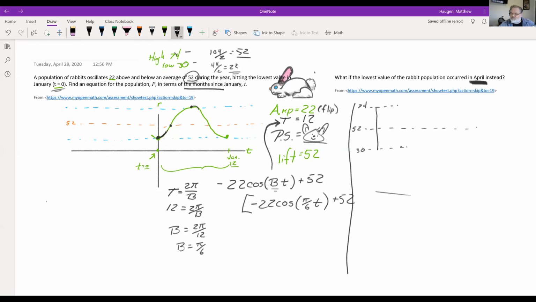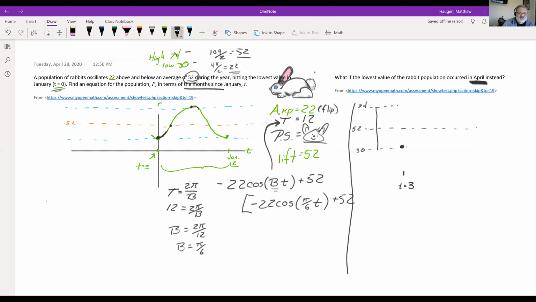So if our low value is occurring in April, what number would we use for April? Three if January is 0. Yeah, the common answer that people try to throw in here is 4, but it's actually 3.